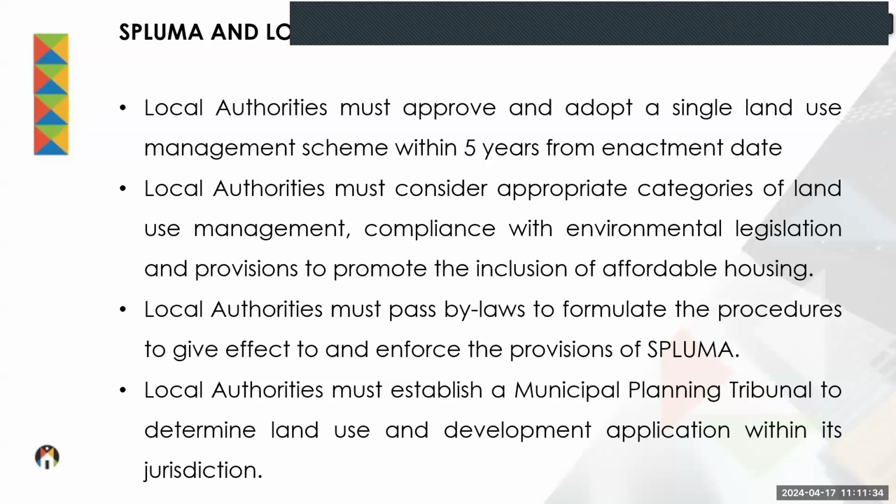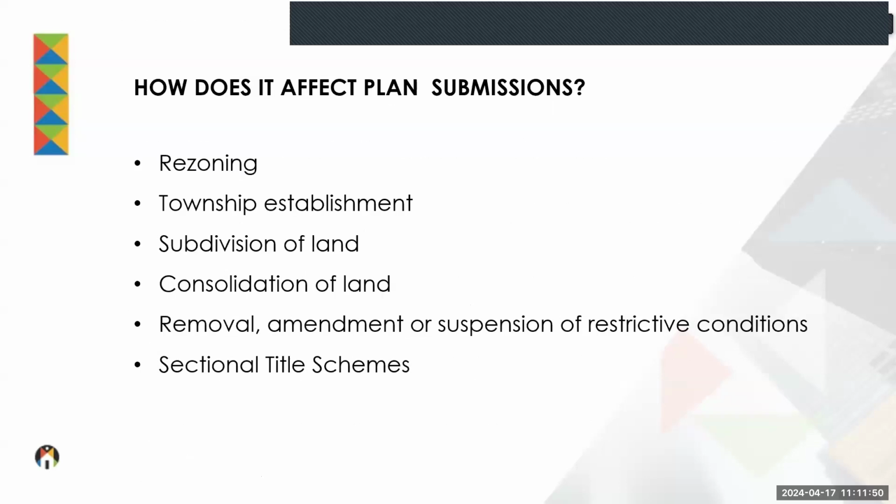And that goes back to Schedule 4, Part B, which gives the executive powers and the administrative rights when it comes to municipal planning to local authorities. Now we all ask, how will it affect our plan submissions? It provides requirements for rezoning applications.